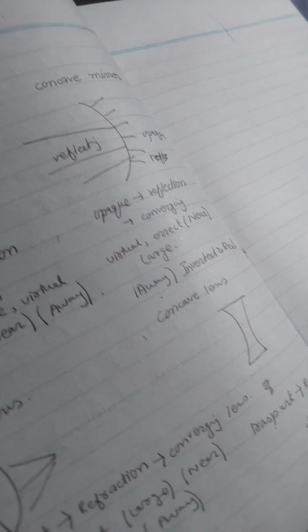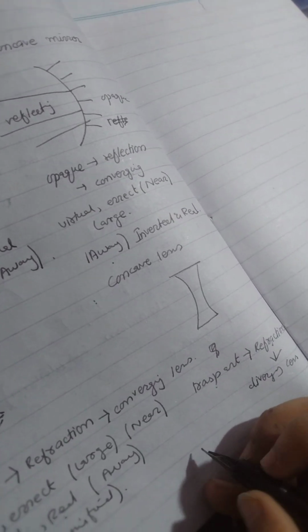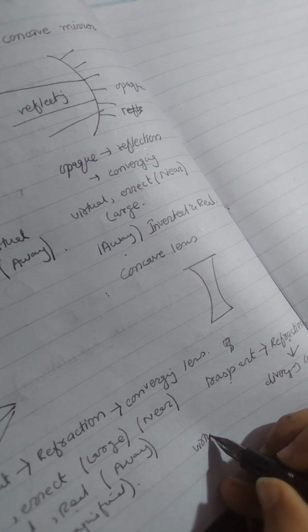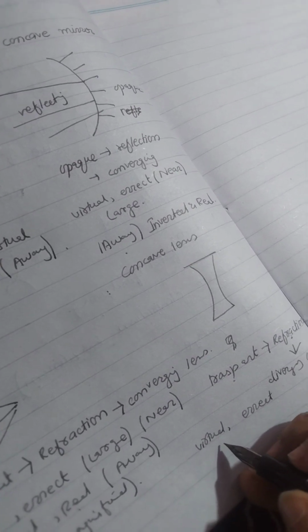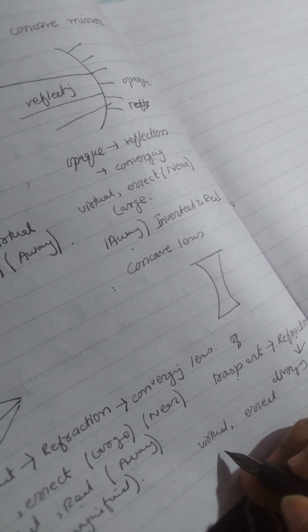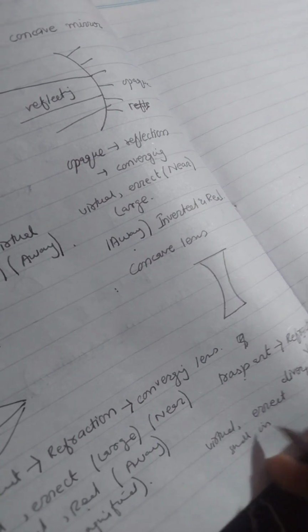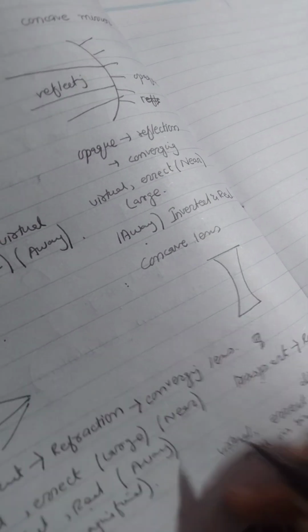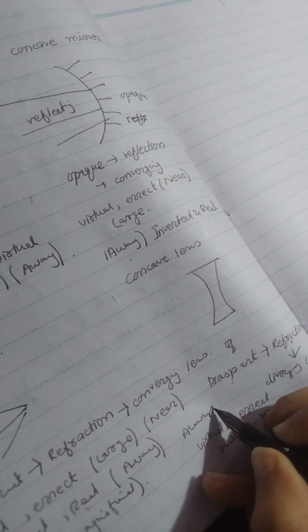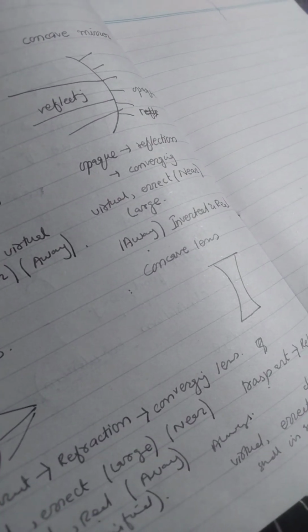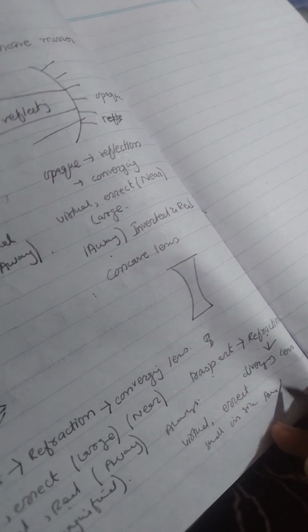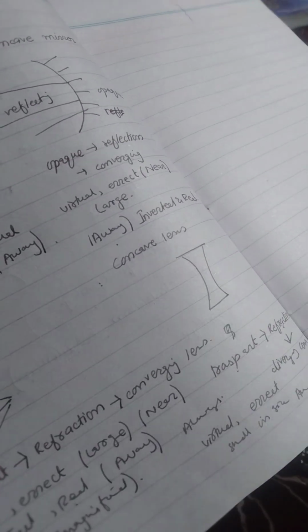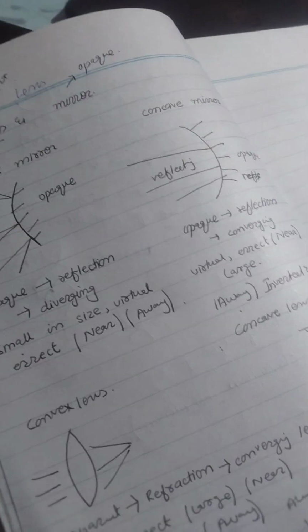The image formed over here will be virtual, erect, and small in size. Always it will be small in size, whether the object is placed away or near, right? So I hope this is clear to you.